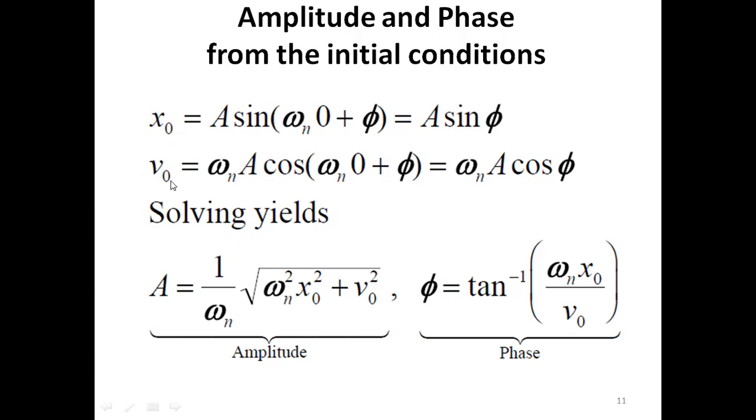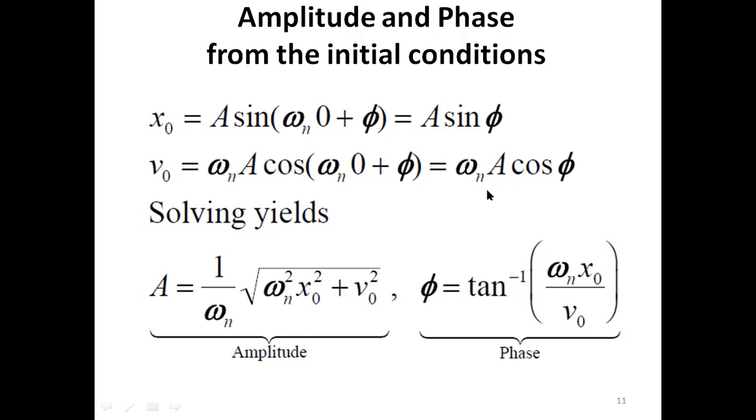And when I square the other equation, we would have v₀² equal to ω_n² A² cos² φ. And when we add these two equations, on this side we would have ω_n² x₀² plus v₀². And on this side we would have A² sin² φ and ω_n² A² cos² φ, and also ω_n here.